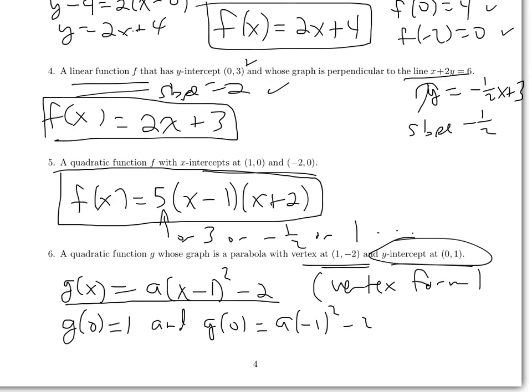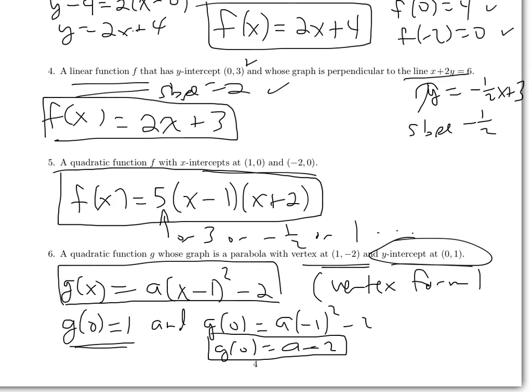In other words, I also can plug 0 in for x in the formula that I have. And so I know 2 different things about g of 0. G of 0 should be 1, and g of 0 should be a minus 2. So for both of those things to be true, we would have to have a equal to 3.